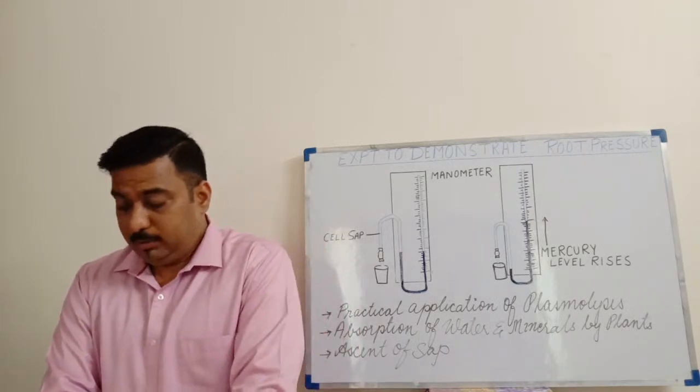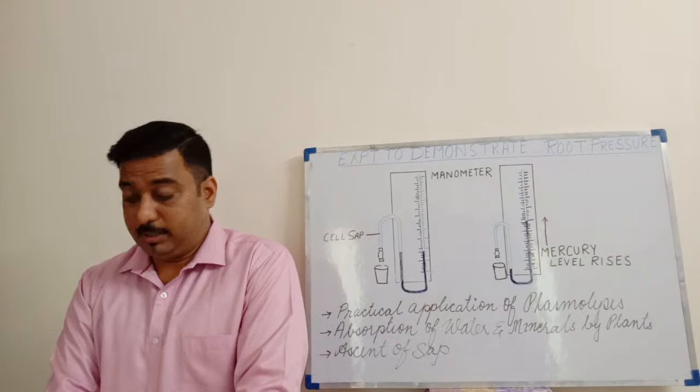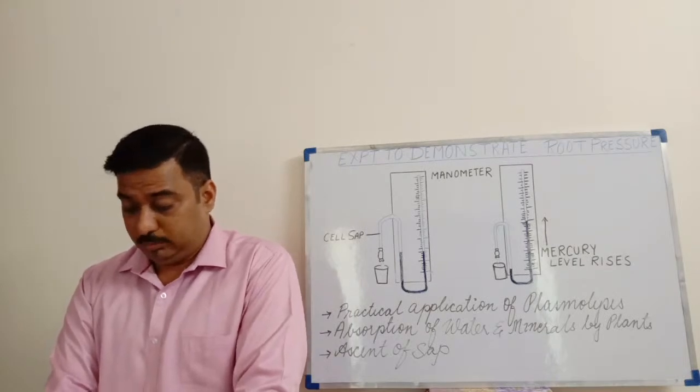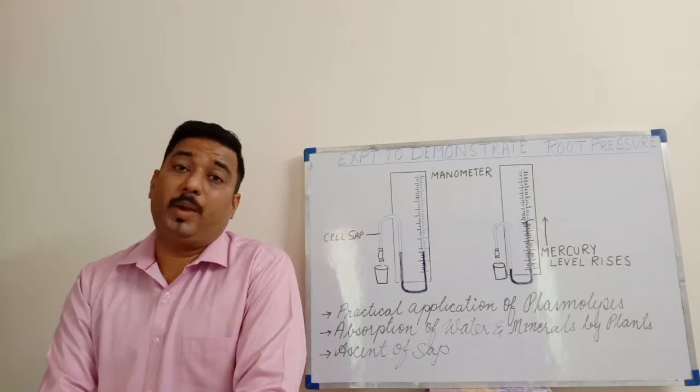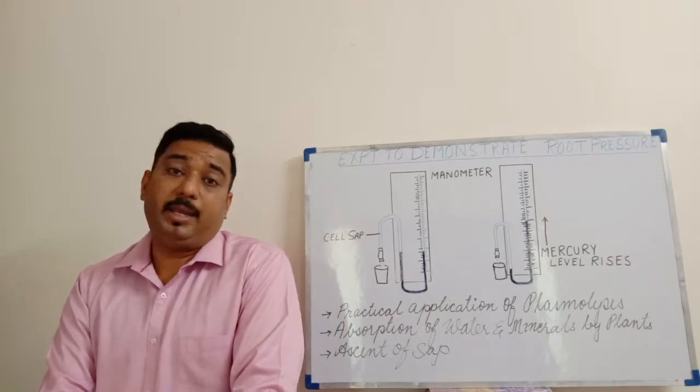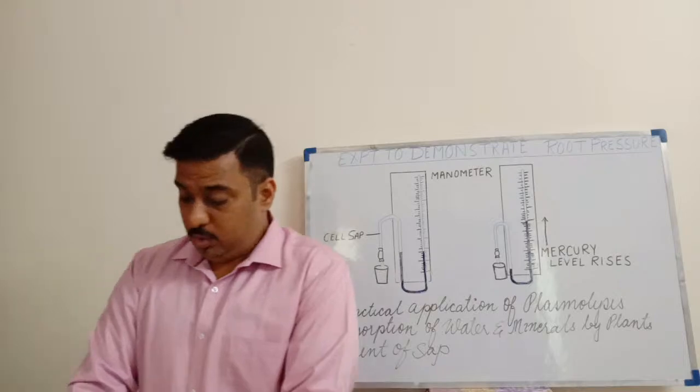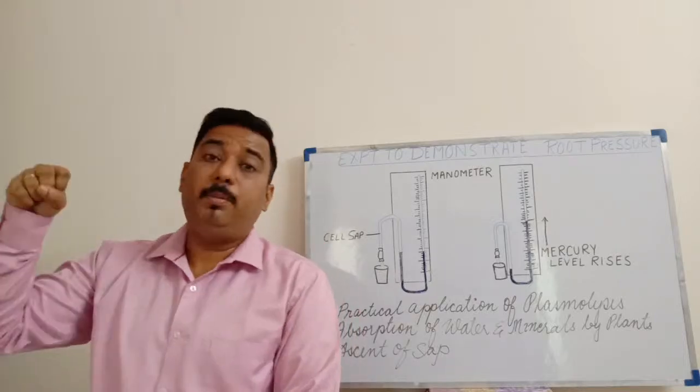Absorption of water. Let us see how absorption of water takes place by the root. As you all know, the roots are provided with tiny or fine root hairs, and the root hairs absorb water.